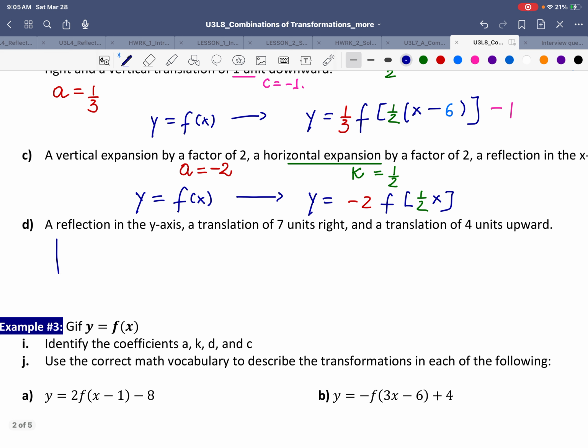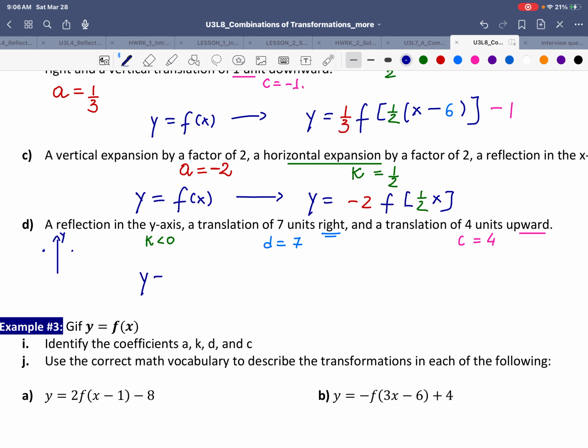Again, reflection on the y-axis will take the points to the other side of the y-axis, which will change the x-coordinate, which means that the coefficient k here is negative. A translation of 7 units to the right. So to the right means that the translation is in the horizontal direction, which makes d equal to +7. A translation of 4 units up, so 4 units up means it's in the vertical translation, which means that we have the value of c here. 4 units up is 4 in the positive, so c is positive 4.